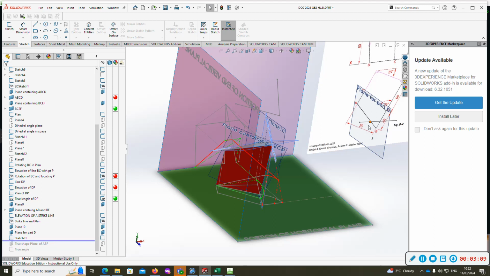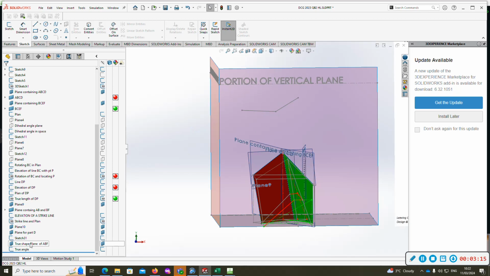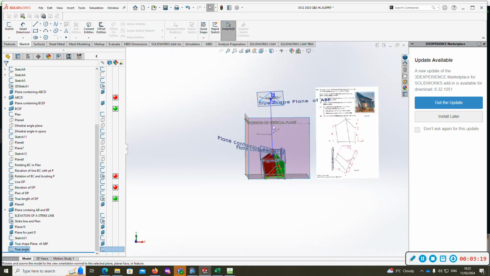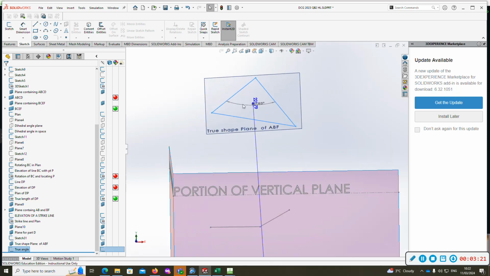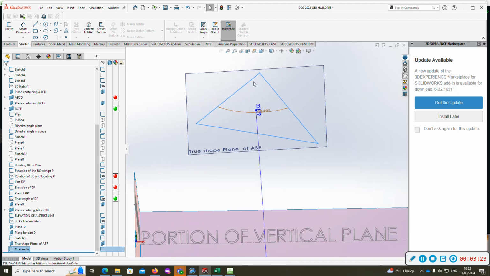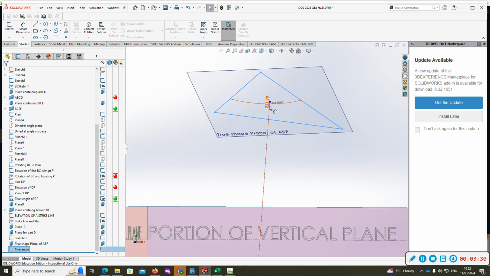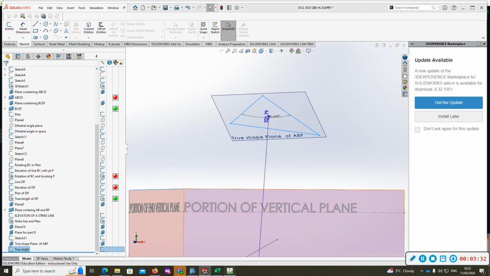Then we can project off our auxiliary to get the true shape of our surface. When you see two lines as true lengths on the plane, and the surface has a true shape, you can get the true angle between.